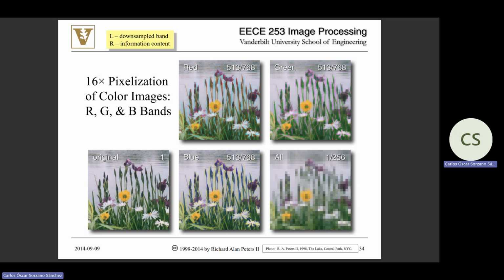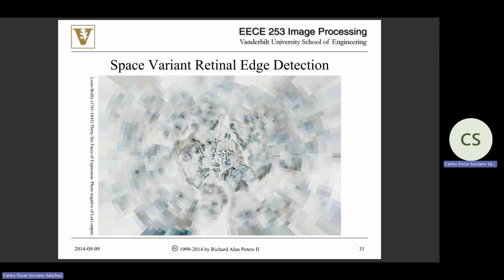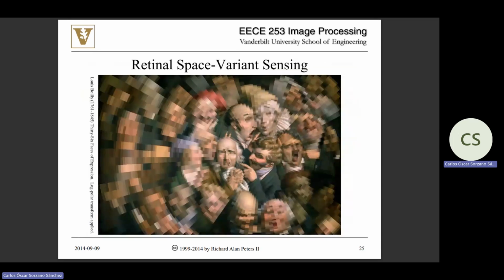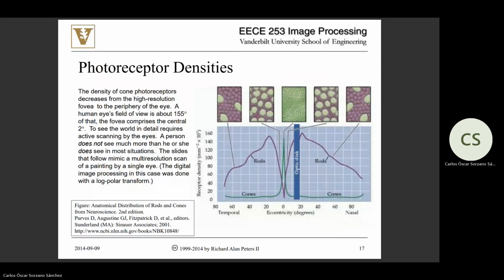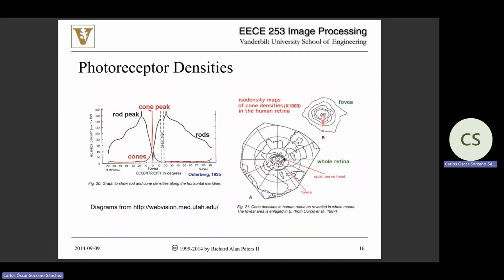And that also explains why we see so badly by night. By night, the rods are responsible for the night vision, so they only see intensities mostly, and they see intensities kind of in the blue area, so the blue light.